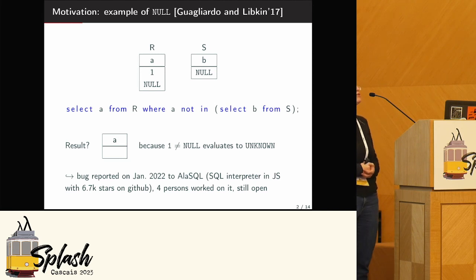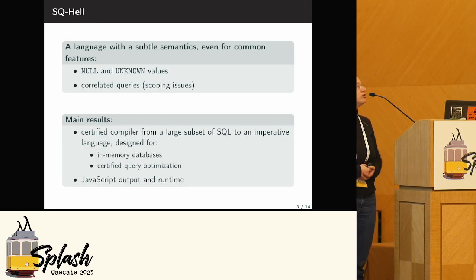We reported the bug almost 2 years ago. There are 4 people working on it, but it's still open because it appears to be very difficult to implement nulls in SQL correctly. So instead of calling this language SQL, it may have been called by another name, because it's a language with a very subtle semantics, even for common features.